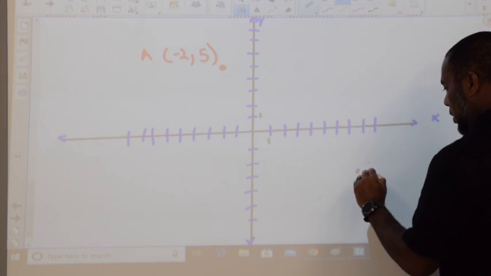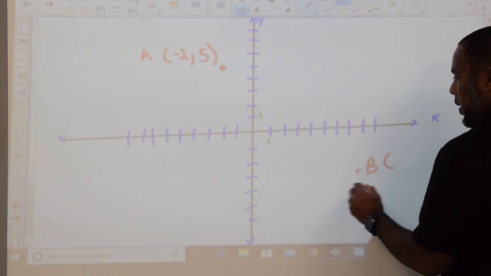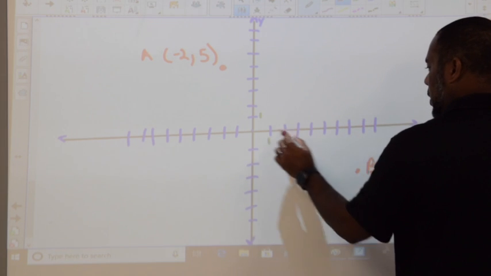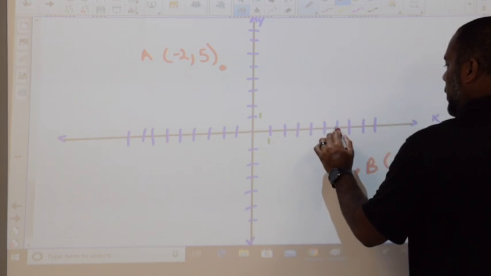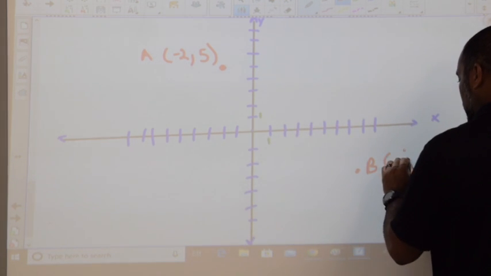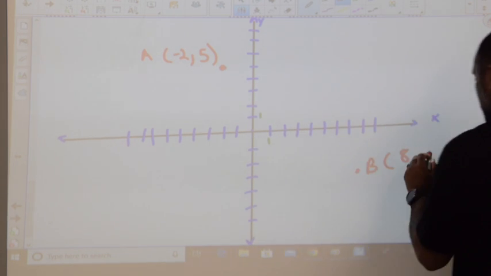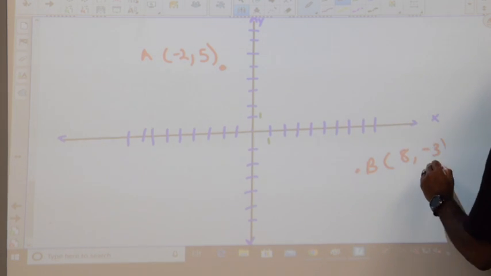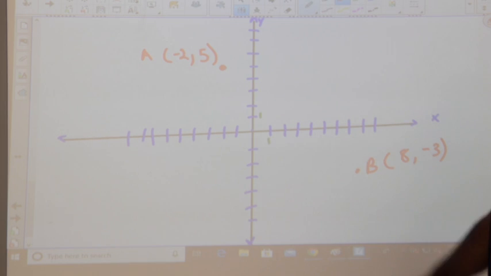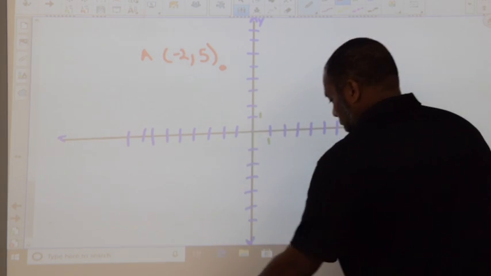At point B, we'll say that is at 1, 2, 3, 4, 5, 6, 7, 8, comma, negative 1, 2, 3. Now, it may not line up perfectly because I drew it, but let's see what happens here.